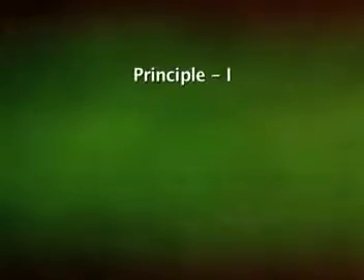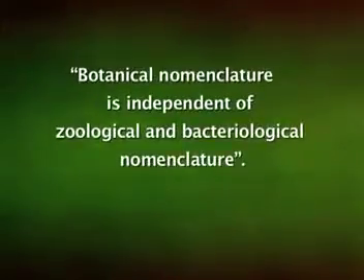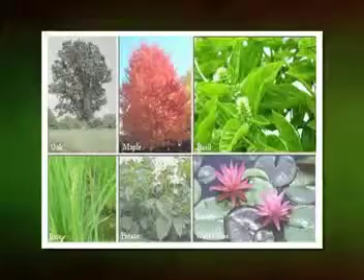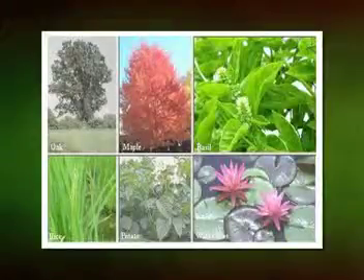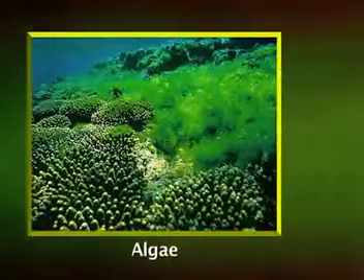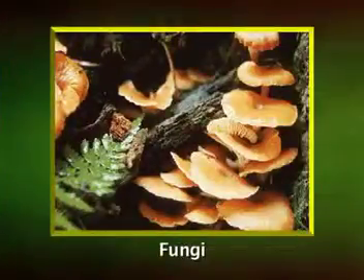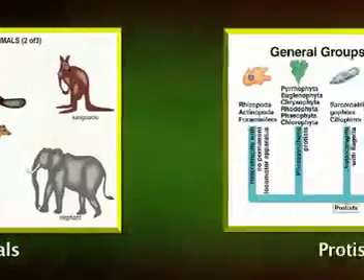Principle first: botanical nomenclature is independent of zoological and bacteriological nomenclature. The code applies equally to names of taxonomic groups treated as plants, whether or not these groups were originally so treated. Thus, there may be some names of plants, algae or fungi that are identical to those of some animals and protists.